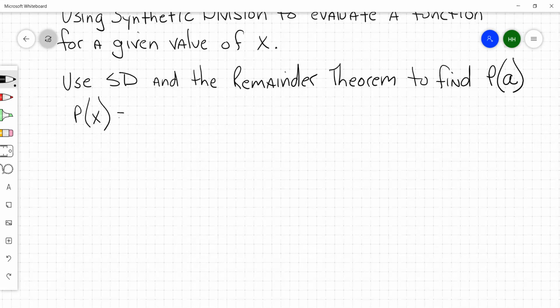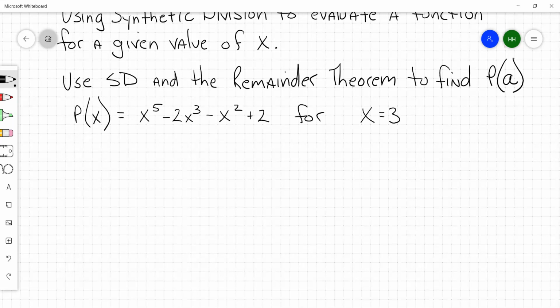P of x equal to x to the 5th minus 2x to the 3rd minus x squared plus 2 for x equals 3. So basically they're saying plug the 3 in where all the x's are and do the math.